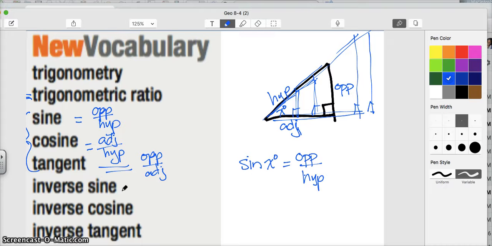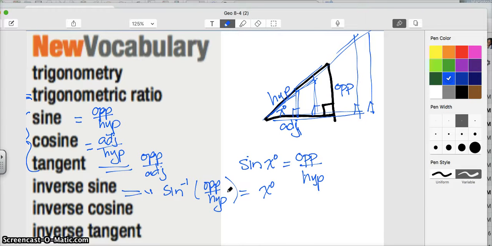Now, the inverse sine, as with the inverse of cosine and tangent and all of those, means that instead of starting off with an angle to figure out the ratio, I can start off with a ratio. So the inverse sine is written like this: sine inverse of the opposite over hypotenuse, and you wouldn't have opposite over hypotenuse, you'd have some number, is equal to some angle.